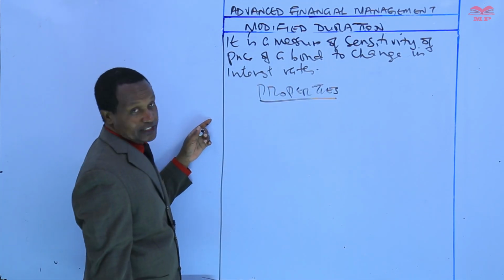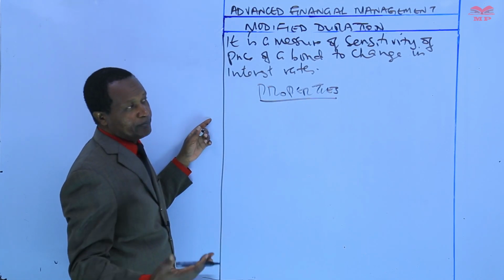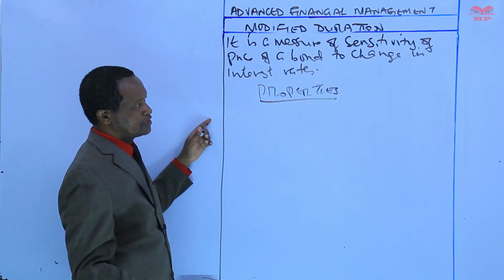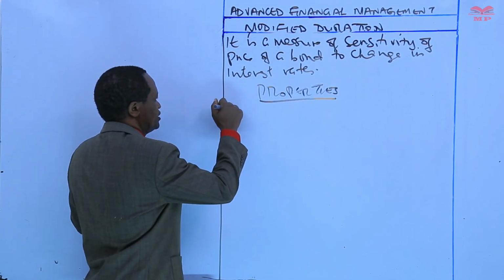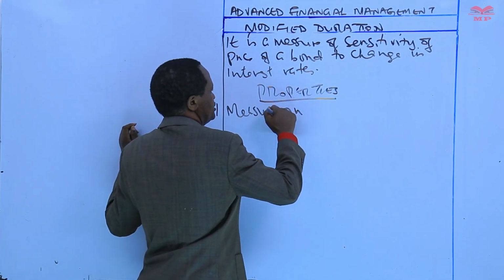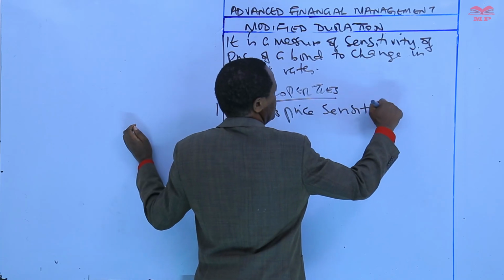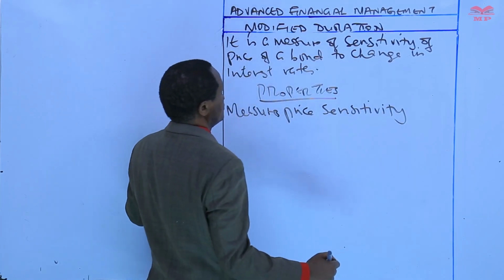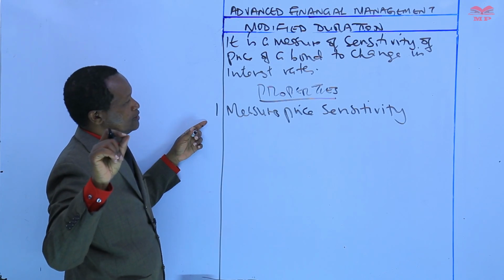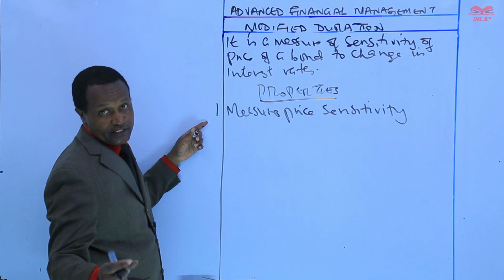The first characteristic is that it measures price sensitivity.